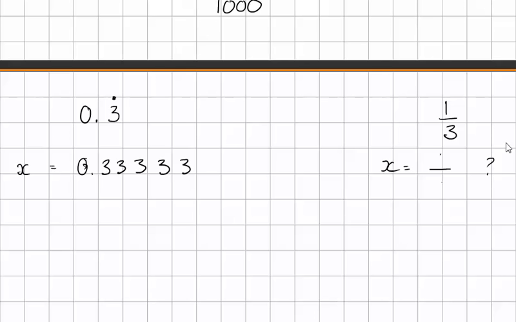I've got to convert it. What I'm going to do is multiply x by 10. So I'm going to say 10 lots of x equals 3.3333. Are you happy that I can do that?